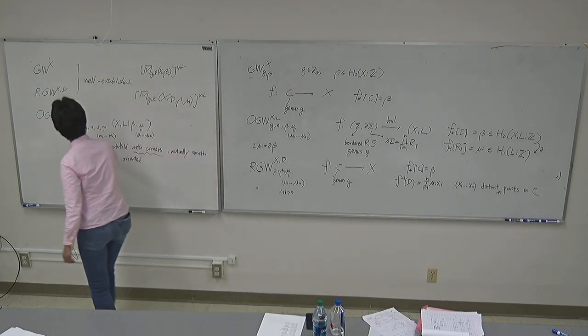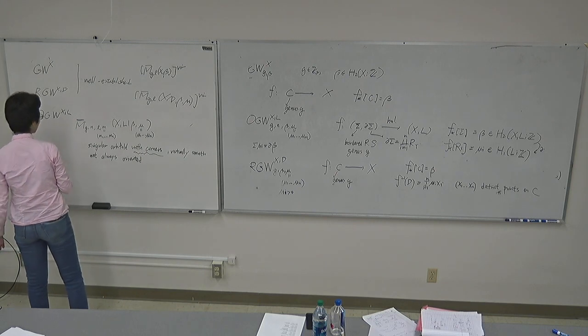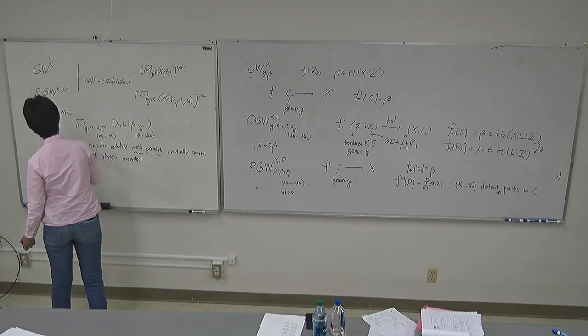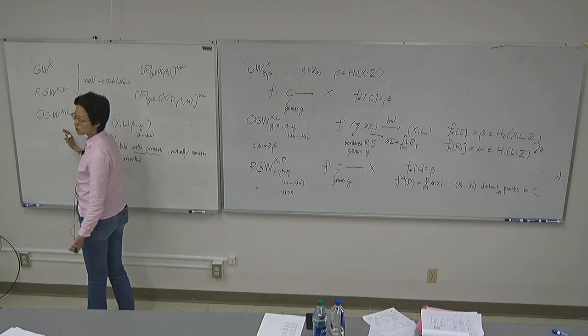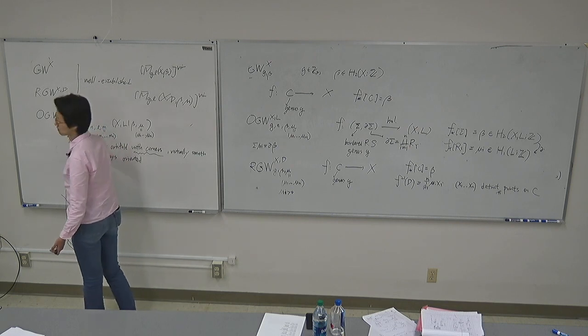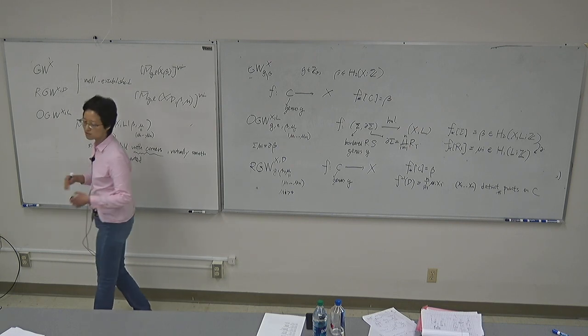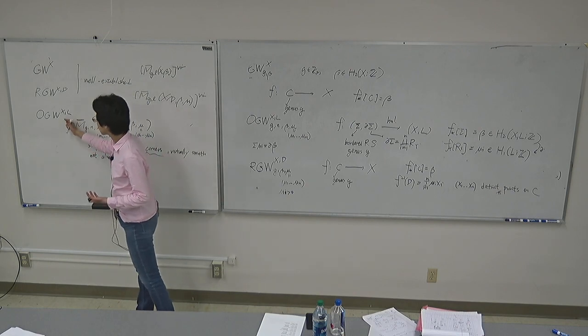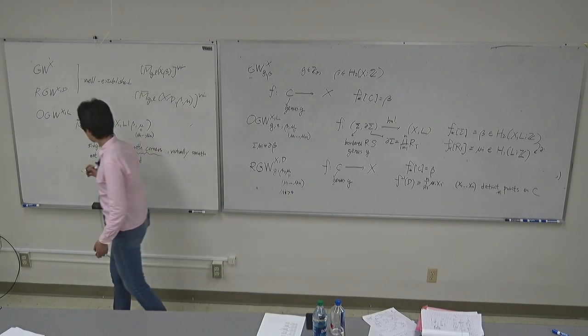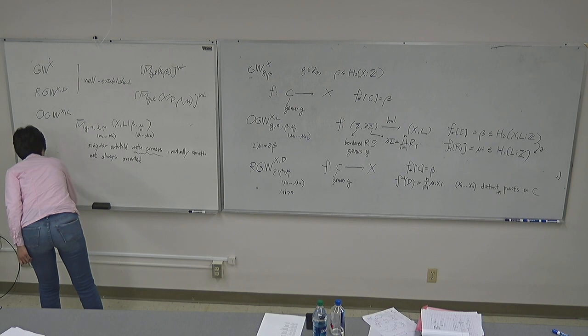So what I want to do today is to give you some very special cases where open Gromov-Witten invariants arise in topological recursion. Because for topological recursion, we need to define it for all genus. So in some special cases, we have this.